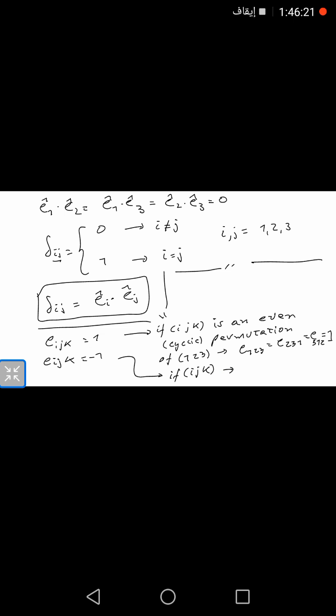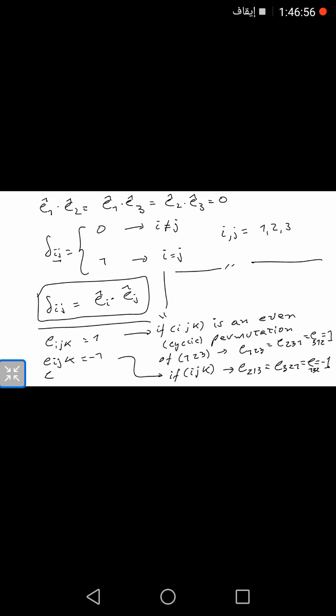So when we have these options, such as 1 3 2, 3 2 1, or 2 1 3, it is equal to -1.